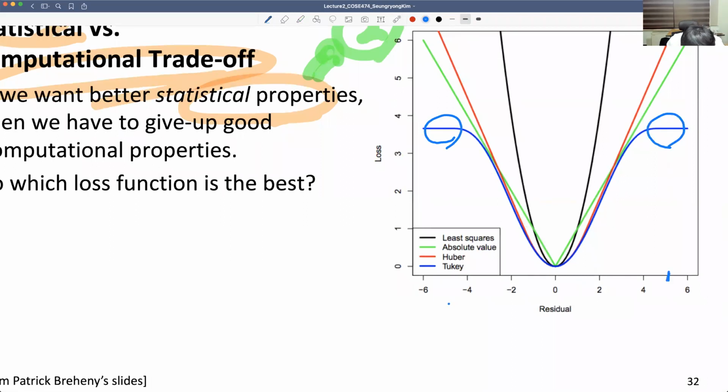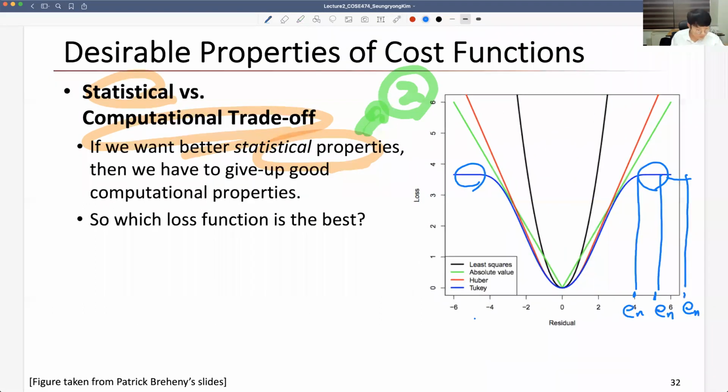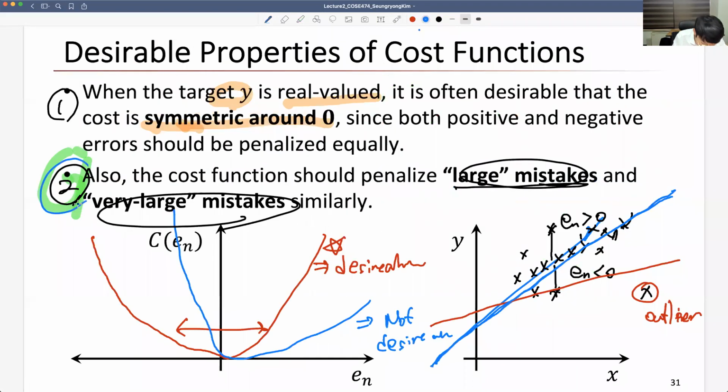So when you think about a very large error and a small error, or another error here, the cost should be similar, to satisfy this second property, right?